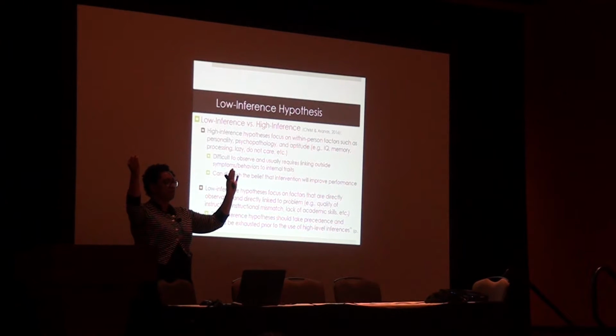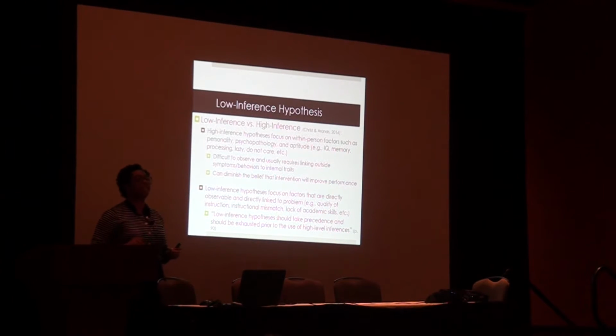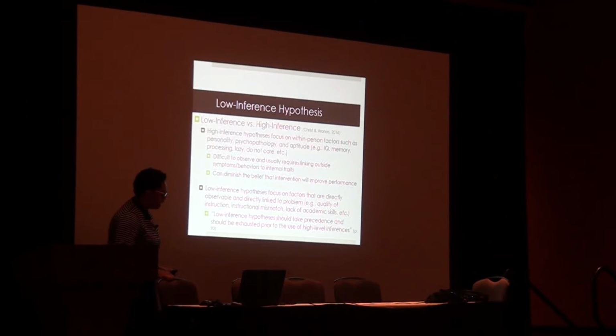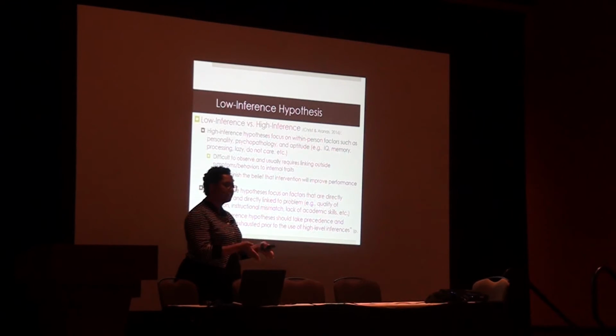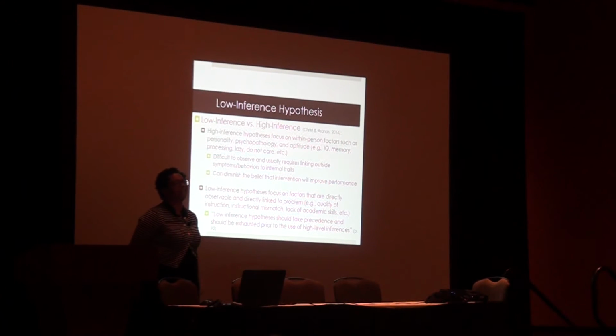When we're coming into a culturally responsive problem-solving process, we're trying to instead go low inference. What is low inference? These are factors that we can directly observe and link to the problem. Oh, John is having reading difficulties. Where are we going to go? Reading instruction and curriculum first. Not step back and say, you know what, I just think Johnny doesn't care about the art of reading.